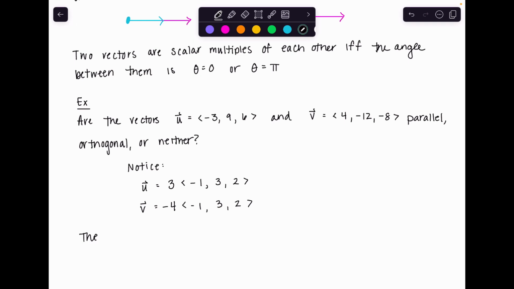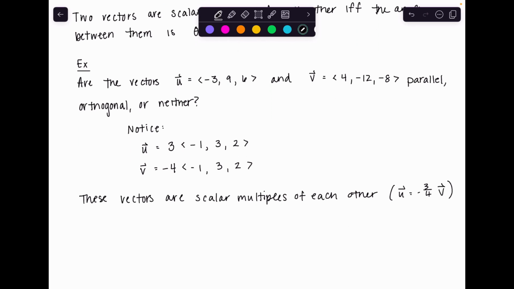So these vectors are scalar multiples of each other. Your vector u is really -3/4 times the vector v.